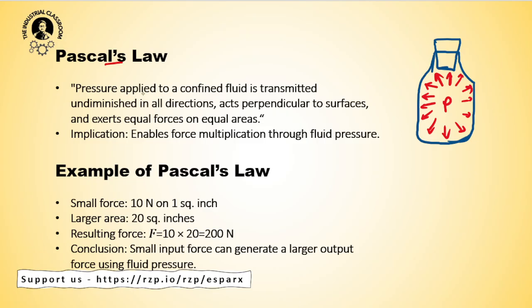According to Pascal's law, pressure applied to a confined fluid is transmitted undiminished, means it is equal in all directions, acts perpendicular to the surface, remember, and exerts equal forces on equal area. So you need to learn here that the pressure on the cork on this surface is the same as the pressure on the bottom of this jar.